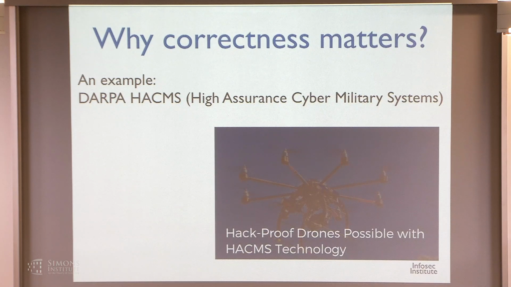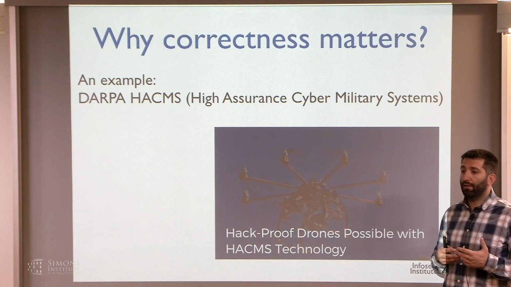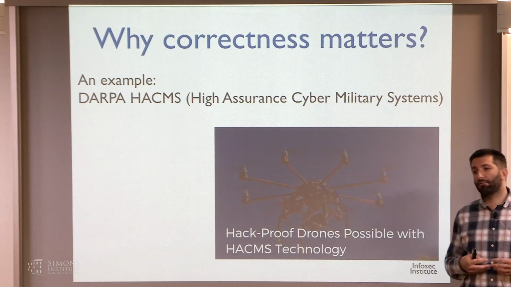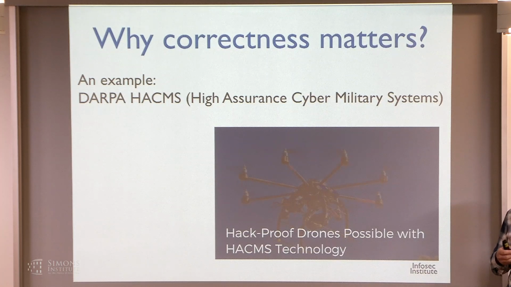But I think it tells us something. It tells us that if we pay attention to how we design our applications, how we make sure that they satisfy some property, we can guarantee the absence of some bugs that usually are what we can exploit, for instance, in security applications. Okay, any question on the general picture?